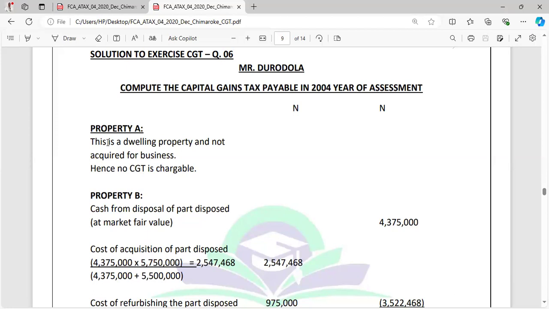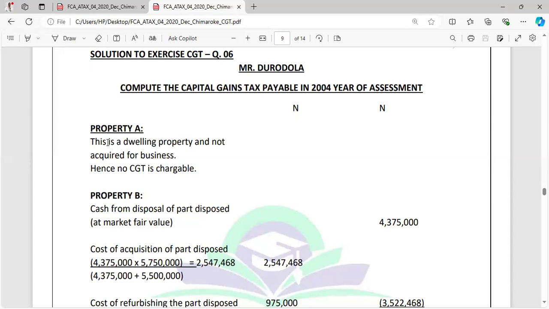Since the market value is higher than what was disposed to the elder brother, market value happens to be 4,375,000.